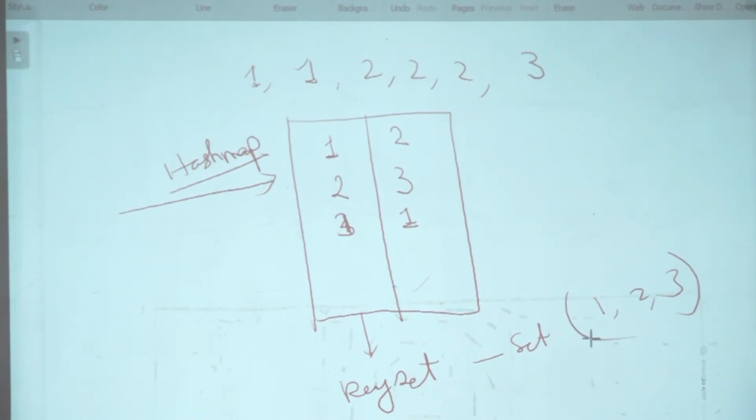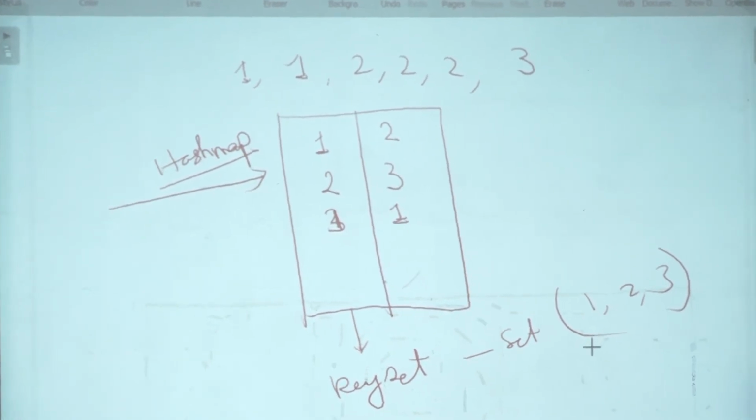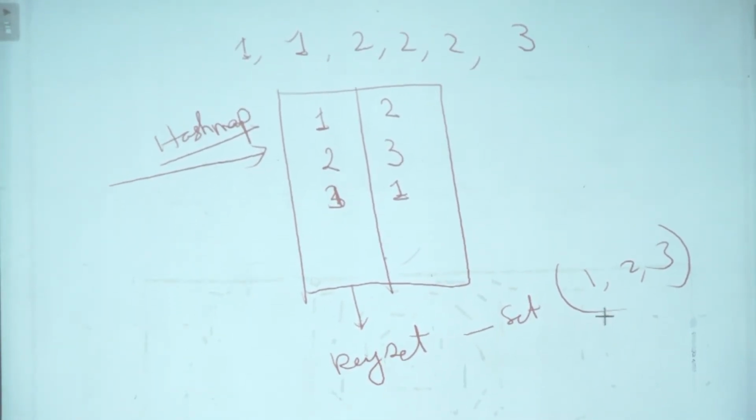Now you need to sort these keys 1, 2, 3 using their value in the hash map. So it is a sorting of integers using a comparator in which the parameters are A, B. You can write a nice comparator A, B. And how do you sort A and B?